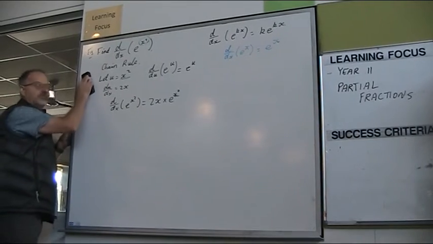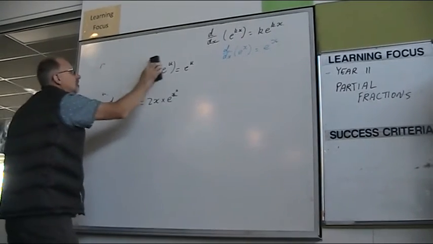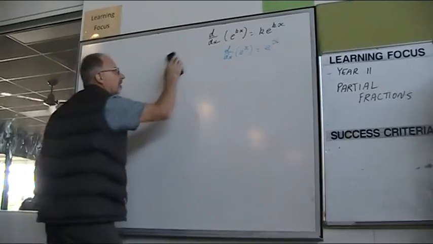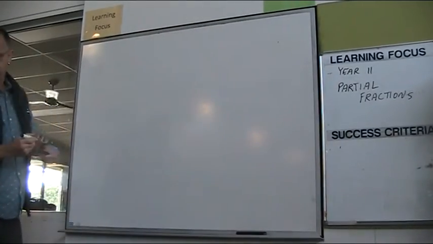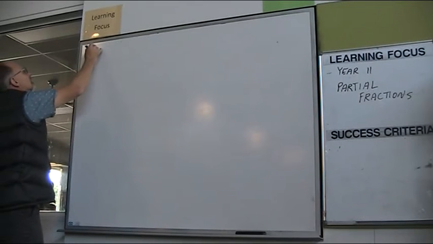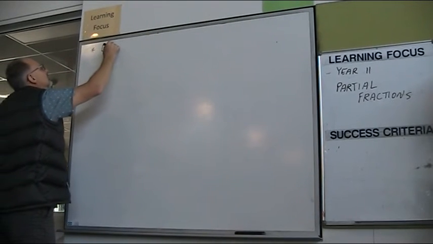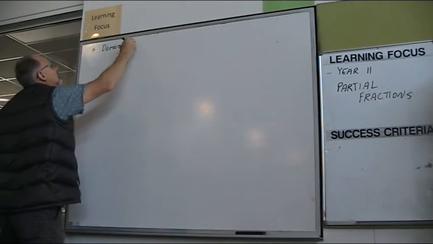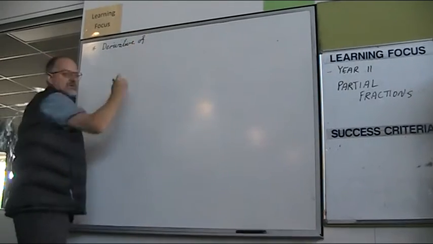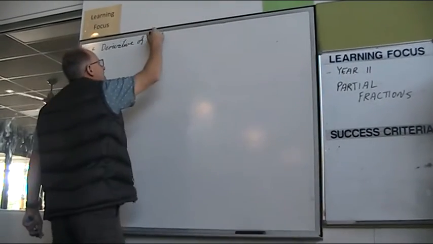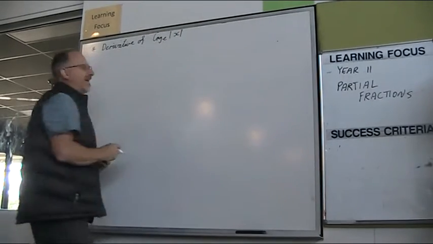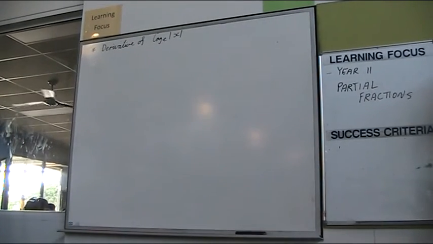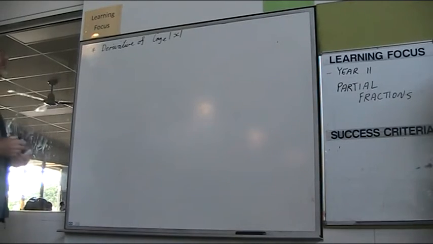So the pattern involved for the derivative of log is log to the base e of the magnitude of x, because you can't take the log of negative numbers, it doesn't exist.